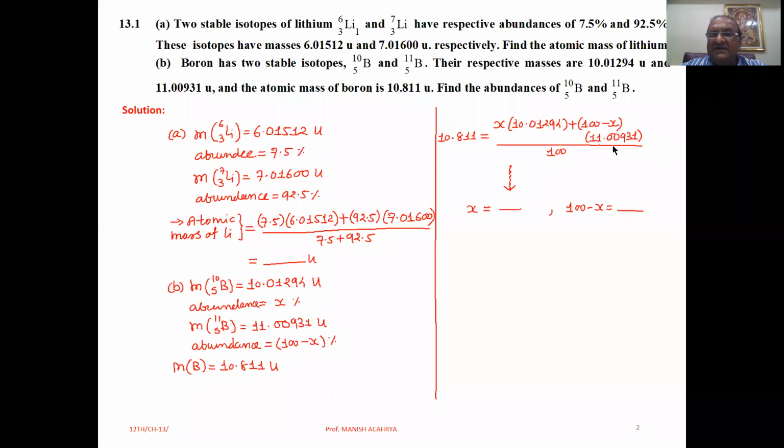So 100 minus X into 11.00931 upon 100. Solve this one, you will get X. Once we get X, then after 100 minus X, so we will get the percentage abundances of both the isotopes in boron. Clear to all of you?